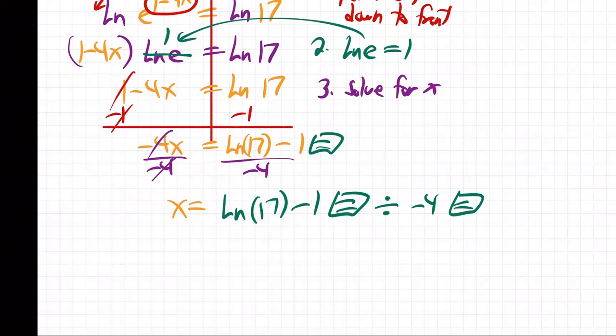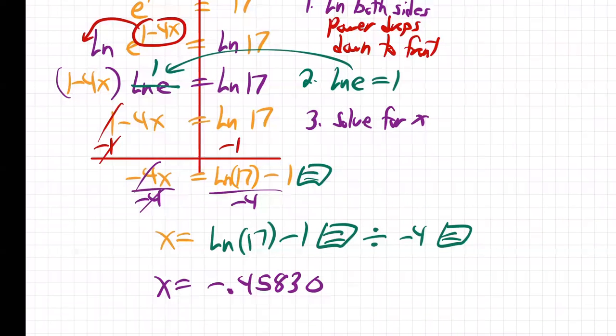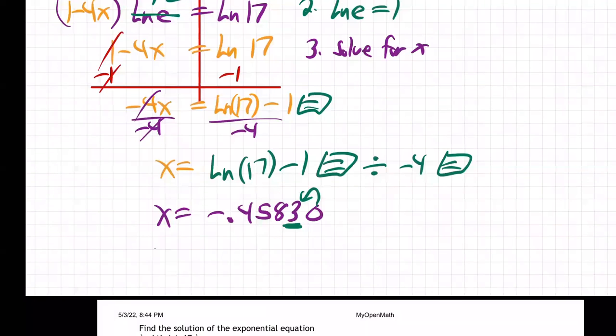So I'm getting x equal -0.4583, on and on it goes. And so it said four decimals, right? 4 decimal places. So the number in the 4th place is right here. This is a 0. So it tells us just to leave that. So it'd be -0.4583. It stays just like that.